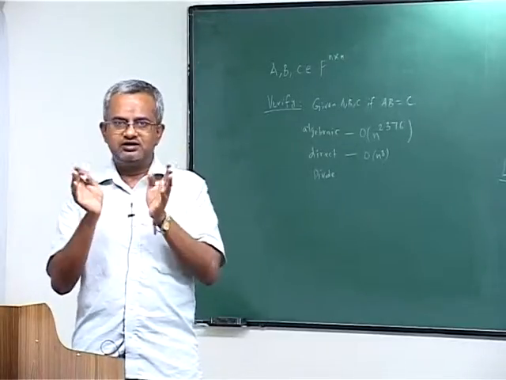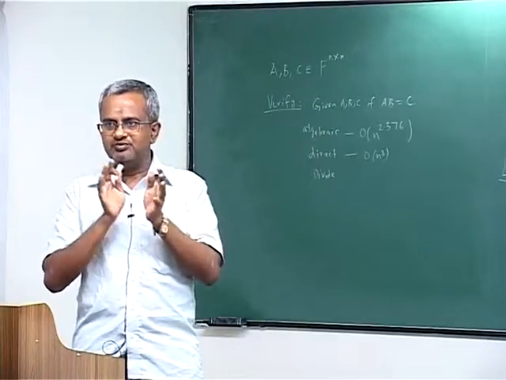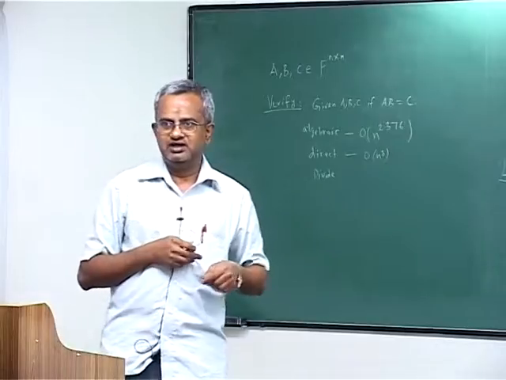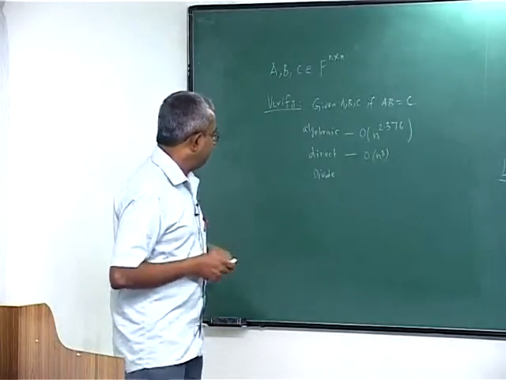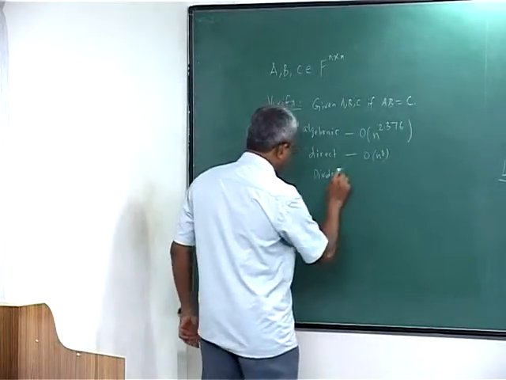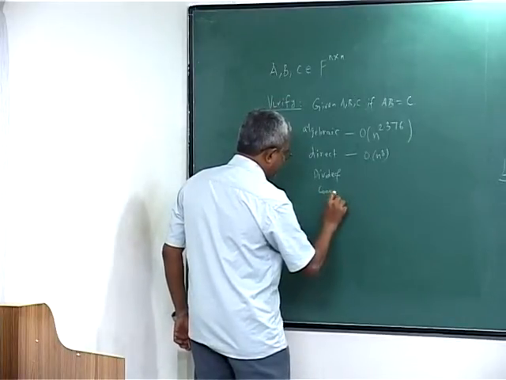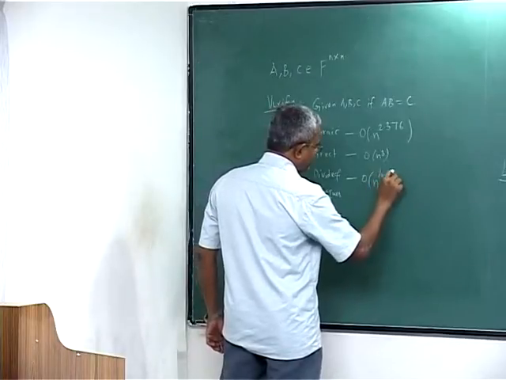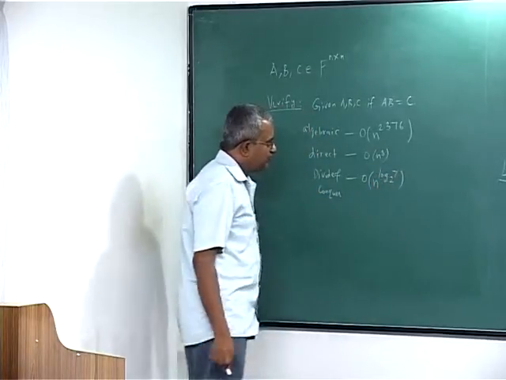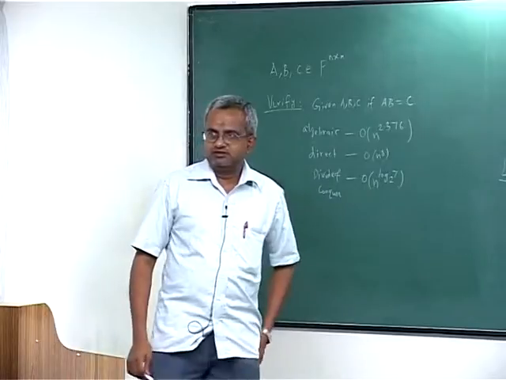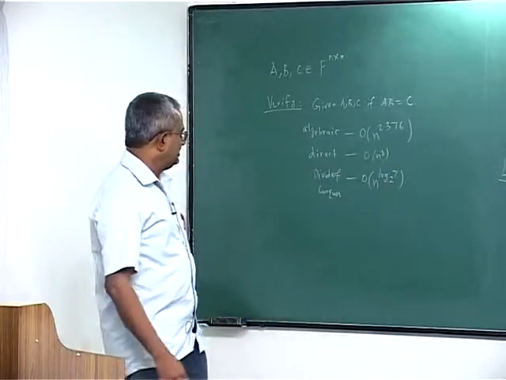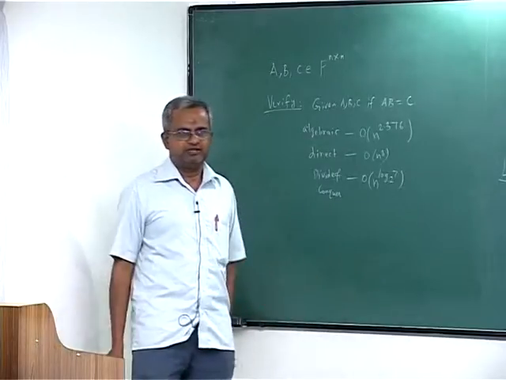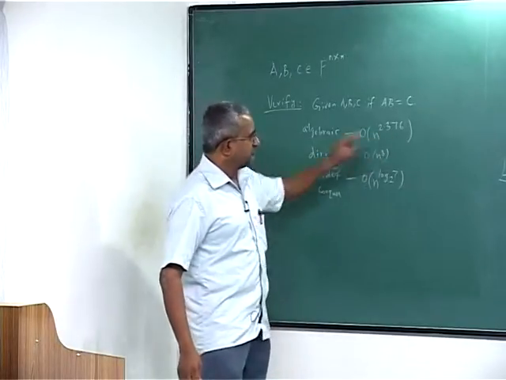So, you do not compute all 8 products, but you only compute 7 and compute the remaining products from some combination of these. That gets you n power log 7 to the base 2. Log 7 to the base 2 is less than 3, okay, but still it is more than 2. Okay. I think it should be more than this.